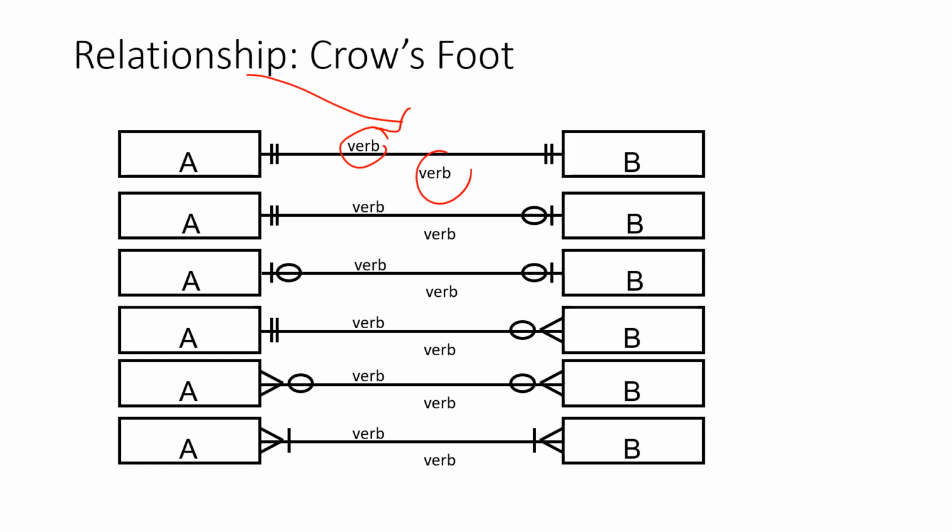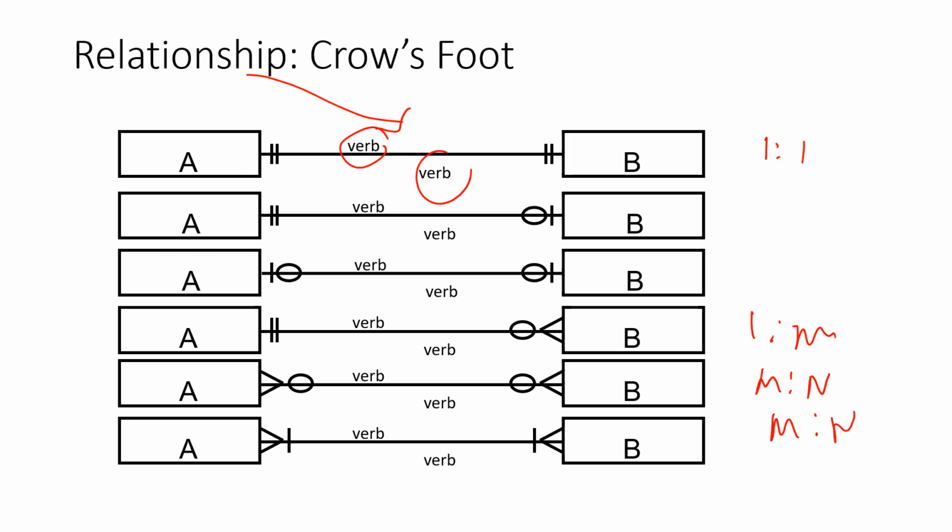So we have here a relationship one-to-one. Another one is also one-to-one. This is a participation or cardinality, meaning optional participation. Same goes to this one, and this is one to many, one to many, many to many, and also many to many.